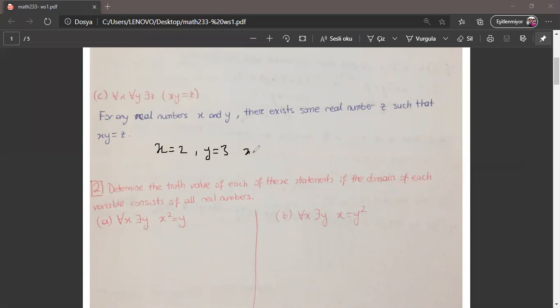So X times Y equals 6, which is Z. So there exists some Z. This is also correct in real numbers. So these were the simple examples.